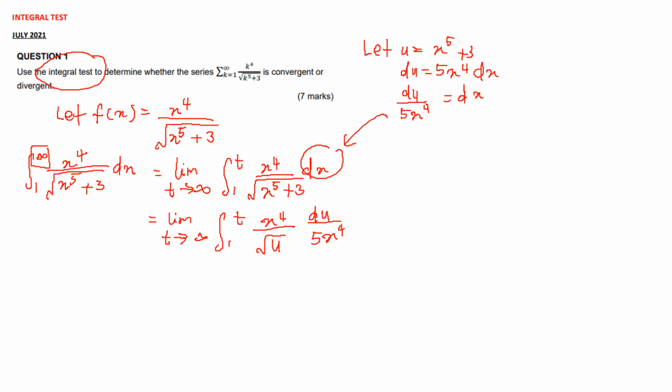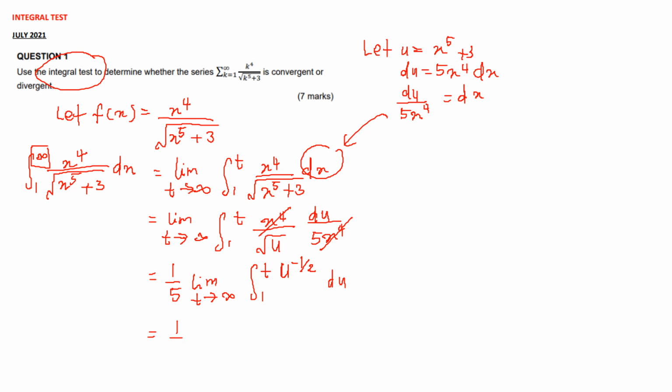This one we will cancel out, x power of 4 you can cancel out, and then 1 over 5 we will put in front. So 1 over 5 limit t approaching infinity, and then you have to integrate u to the power of negative 1 over 2 with respect to u.